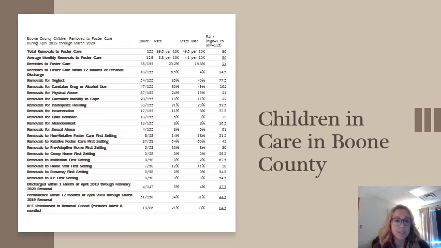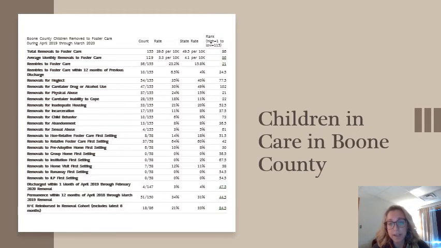On this, there is a chart that shows Boone County removals to foster care from April 2019 through March 2020. The total removals to foster care is 155. That is a tremendous amount. The average monthly removals to foster care is 129.